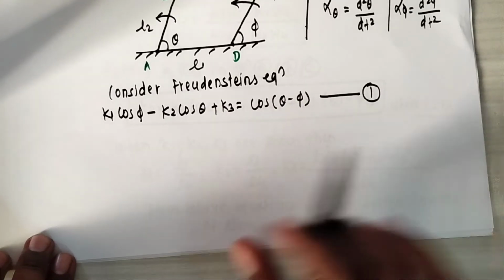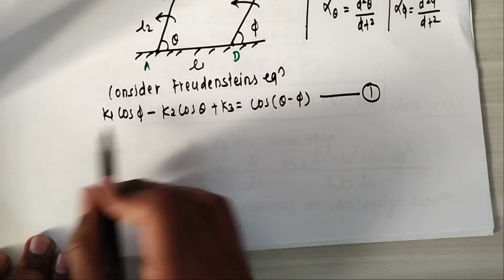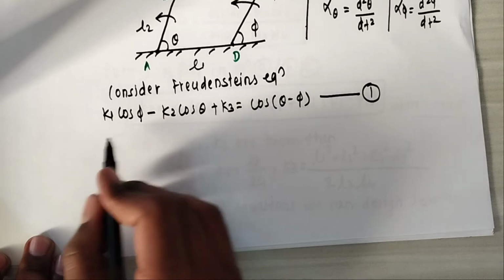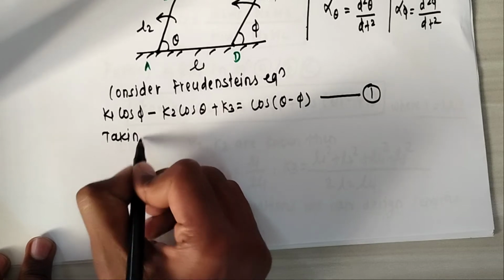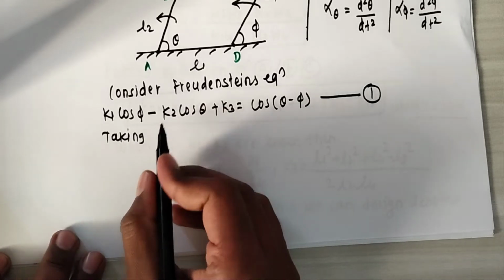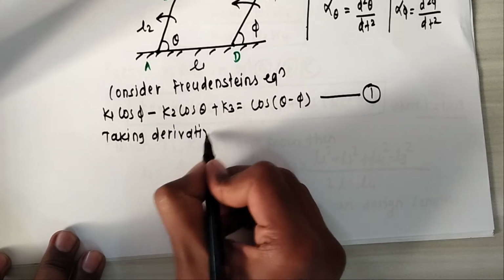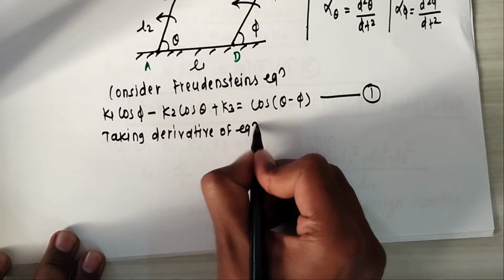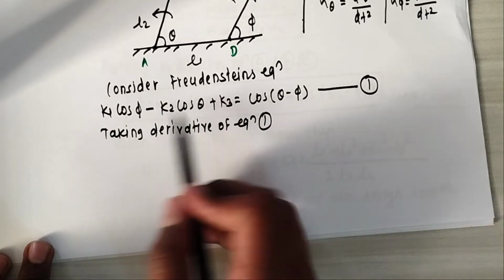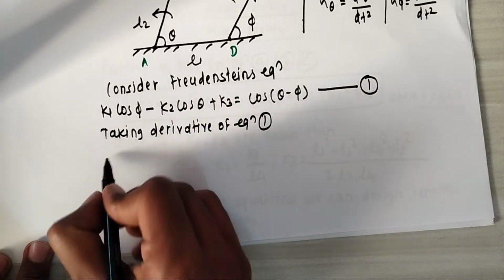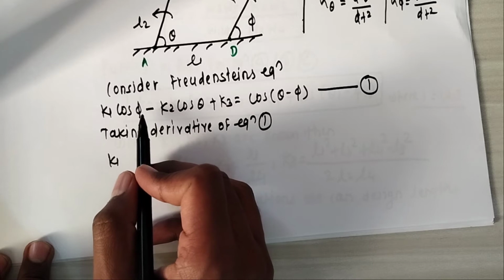So if I take the derivative of this with respect to time, it gives me, taking derivative of equation 1, we know k1, k2, k3 are constants and phi and theta are variables. So by differentiating this we get k1 into cos phi derivative is sin phi, and again the derivative of phi is omega phi, d phi by dt is omega phi.